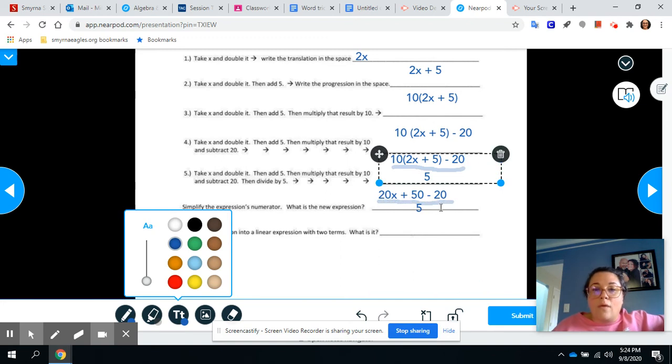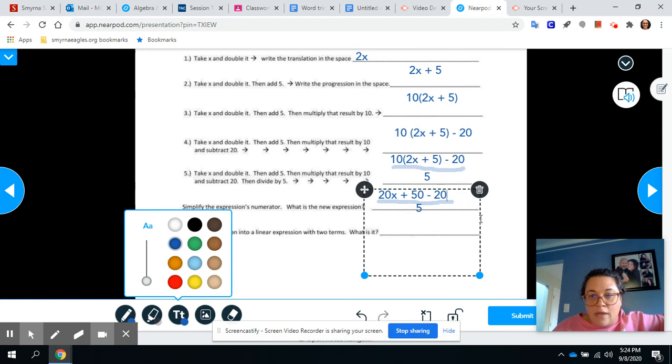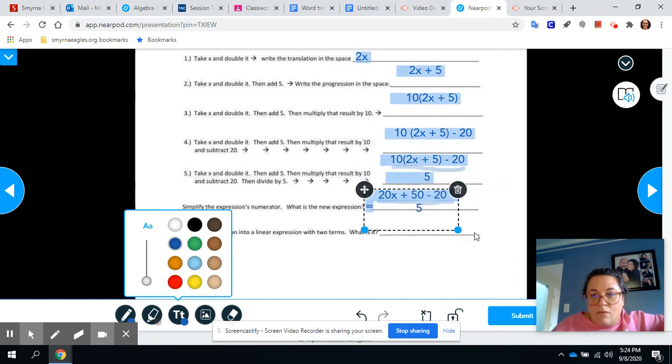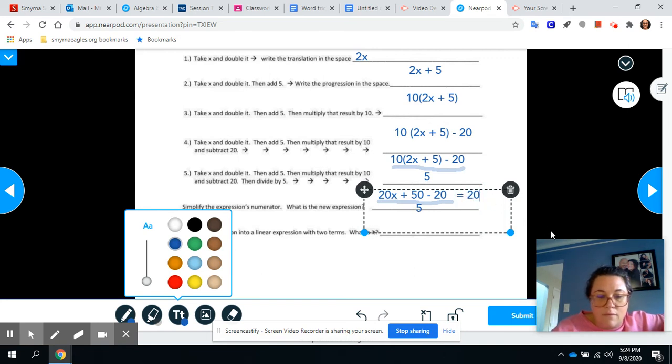Boom. Okay, and then when we simplify this all together, right here, I'm going to do a little equal sign. What does that turn into? I want to pull this out a little bit. Oops. Pull that out a little bit. So I have 20x. This is 50 minus 20 is positive 30. Oops. Pull that out a little bit more. There we go.